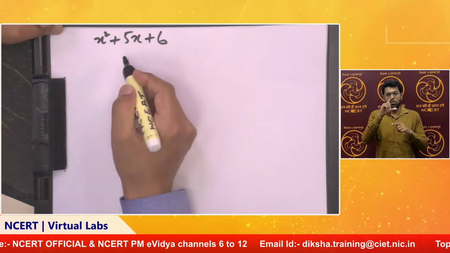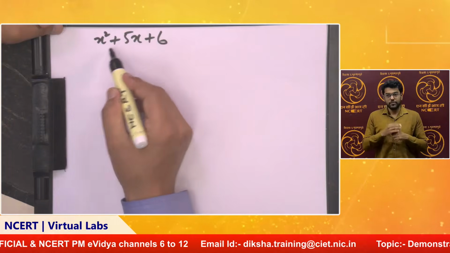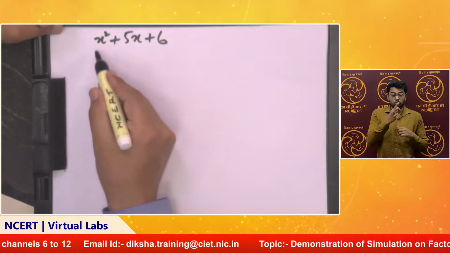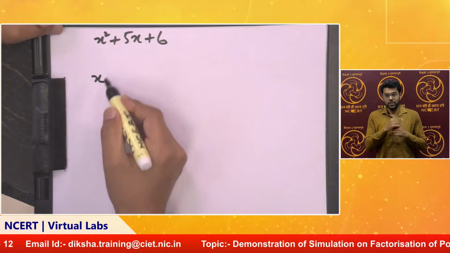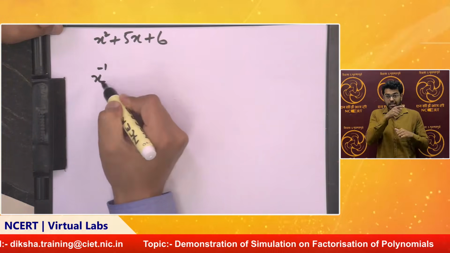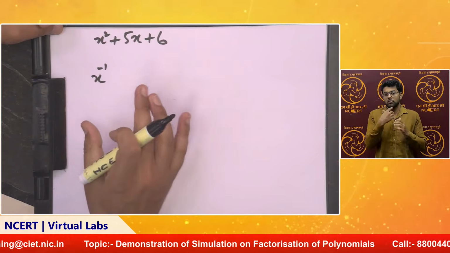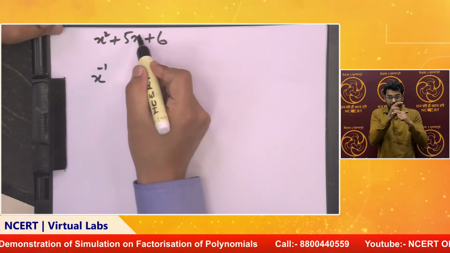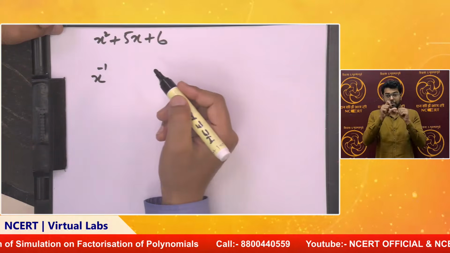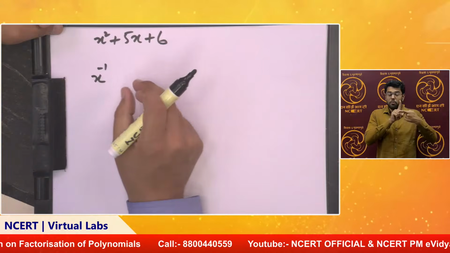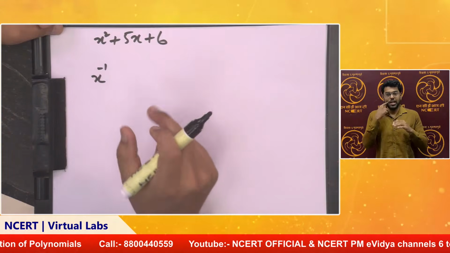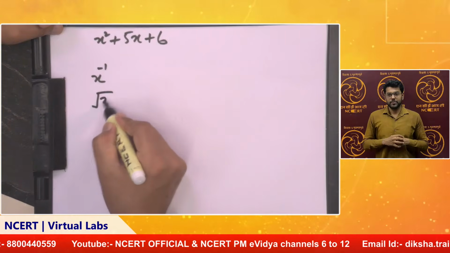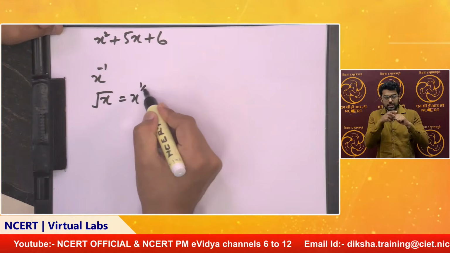Now we will see what are some conditions that make this actually a polynomial. Let us see this variable x. If it has a negative power, then we will say it is not. This is a condition. Exponents of the variables should always be non-negative. It should not be negative, and it should be a non-negative integer, not a half value like root x, that is actually x power 1 by 2.